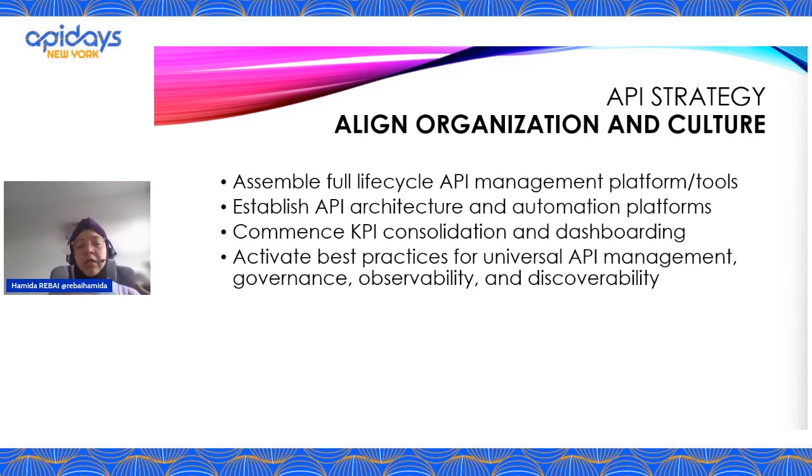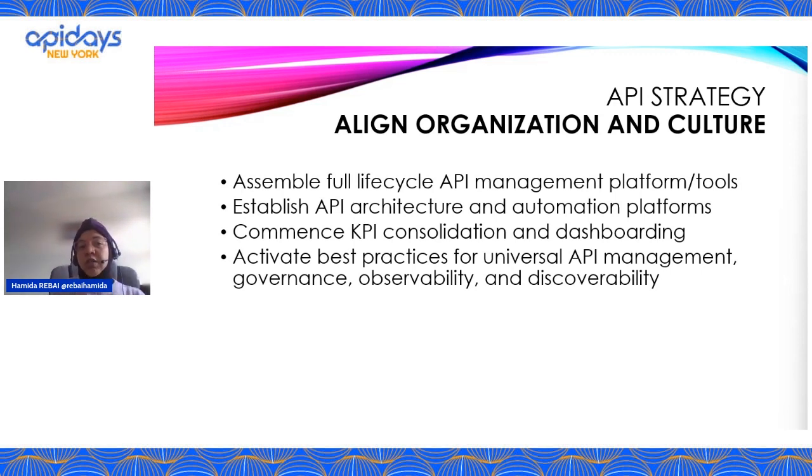platform that will include a set of tools that help organizations to design, develop, deploy, and manage their APIs. We have many components to consider in this step, and when we'd like to align organization and culture, we need to consider these elements like API design tools, API development tools, API testing tools, API deployment tools, API security tools, and API monitoring tools.